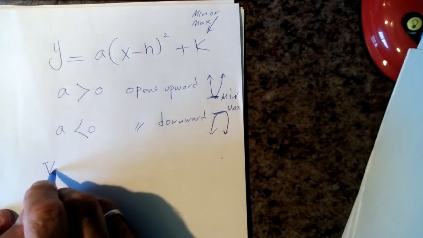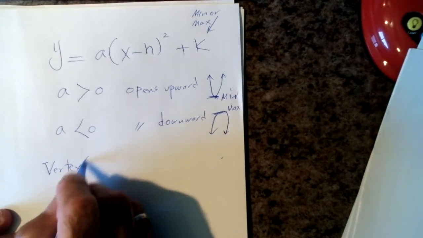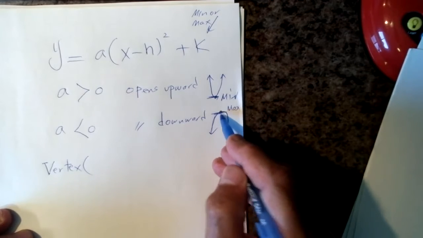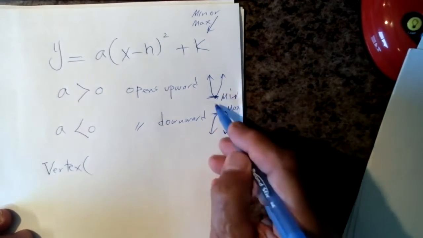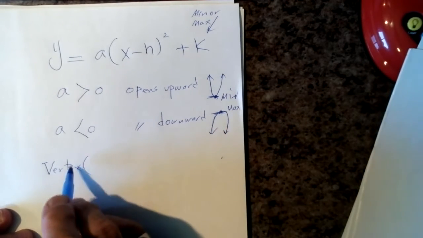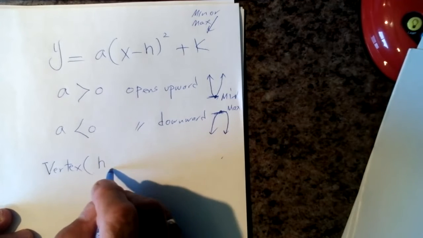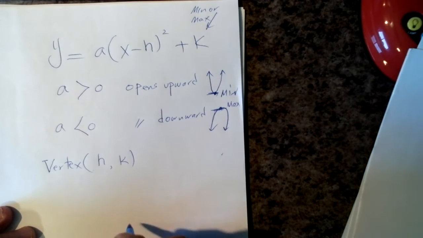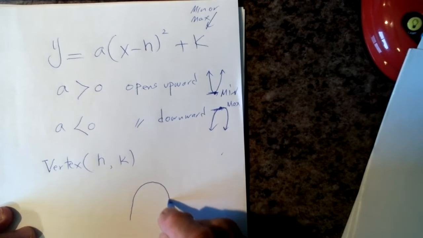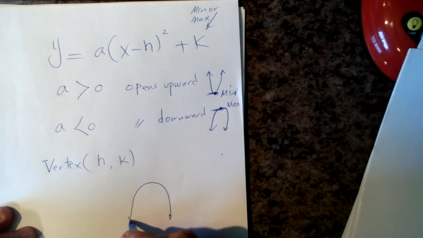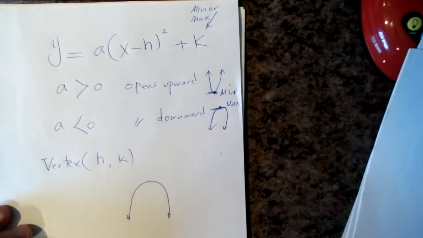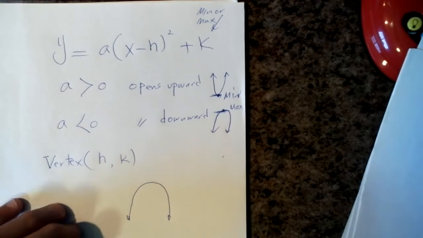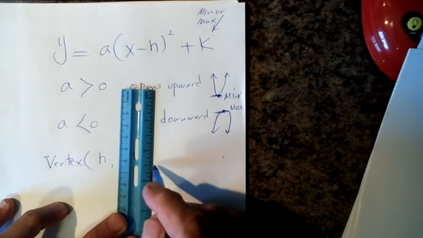The vertex is the highest or lowest point on the graph. The top point here is the vertex, the lowest or the highest. The coordinates of the vertex are h and k. And for any type of parabola, there is a line that splits the parabola into 2 equal pieces.